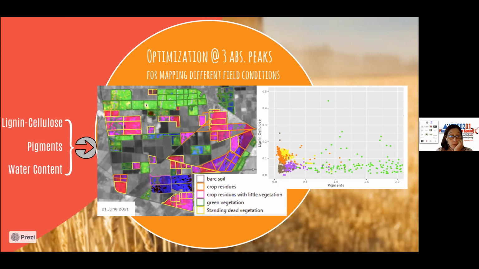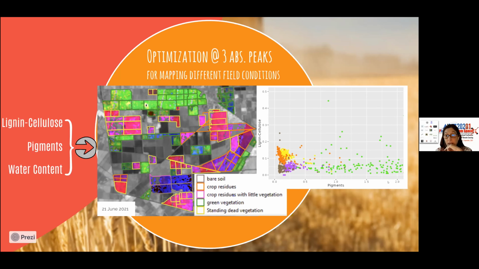And so we consider three different absorption peaks. One is the lignin cellulose one, one is related to pigments, to chlorophyll, and the other one to water content.